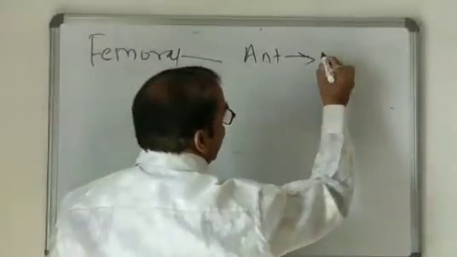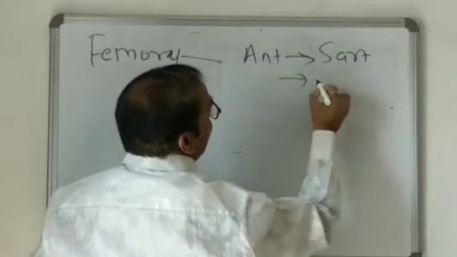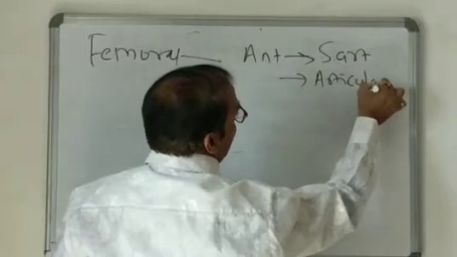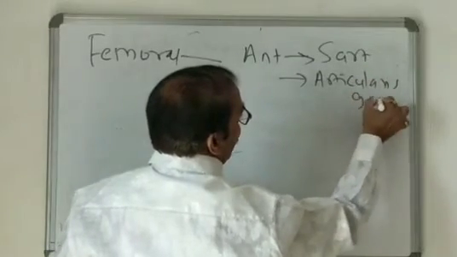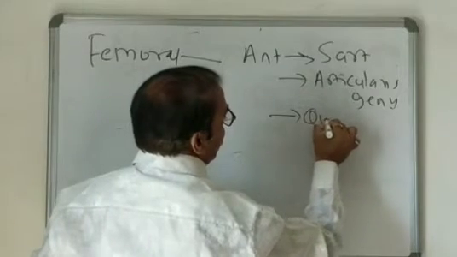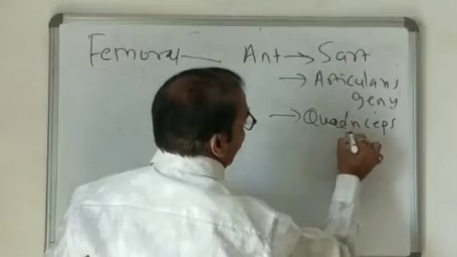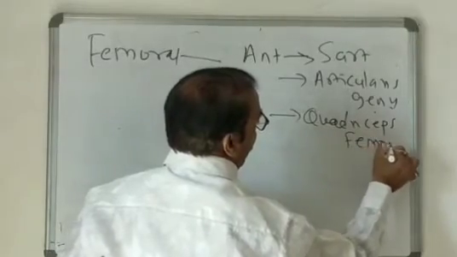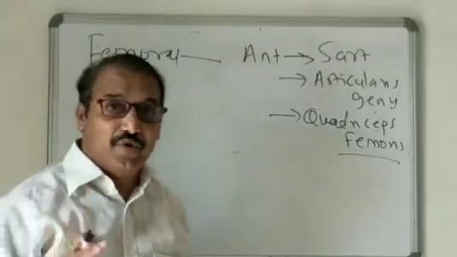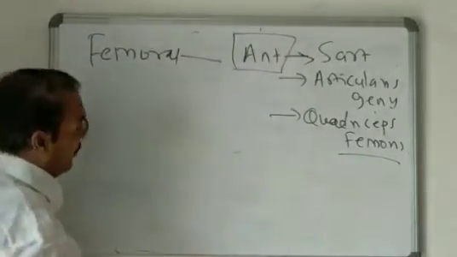The muscles are the sartorius, then the articularis genu, and the third one is the quadriceps femoris. All these muscles are supplied by the femoral nerve. These muscles are present in the anterior compartment of the thigh.